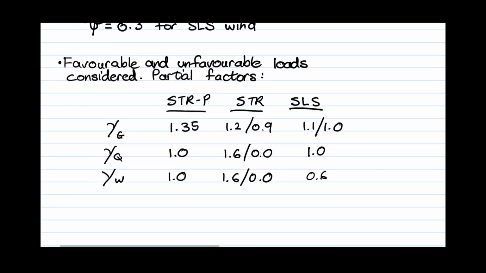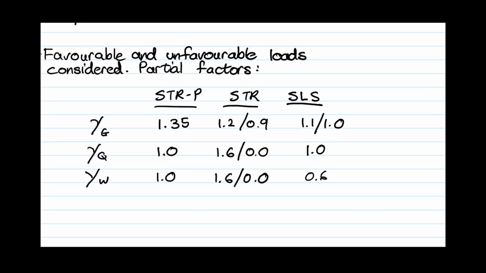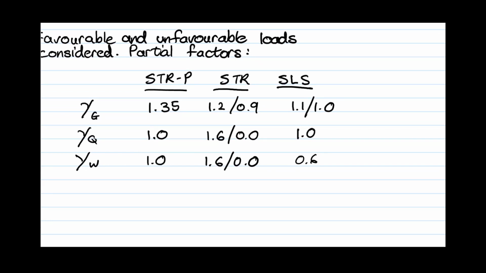Now, favorable and unfavorable loads, so these are partial factors to be applied directly to our loads. So for permanent loads, imposed loads, and then wind, for the STRP case and then the STR, we've either got an unfavorable or a favorable action. And then you'll see it's 0 for the imposed load, so it might not be there. And then SLS loads.